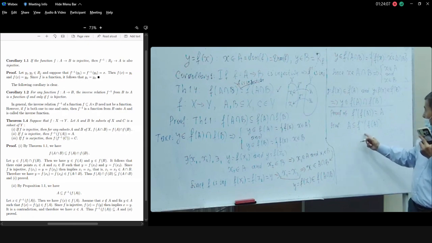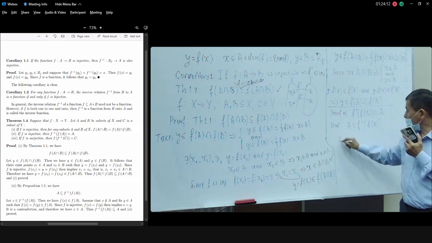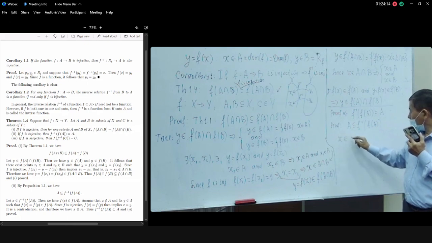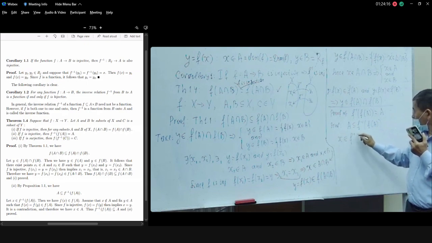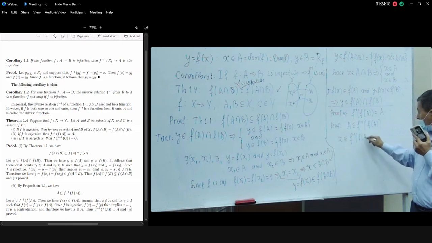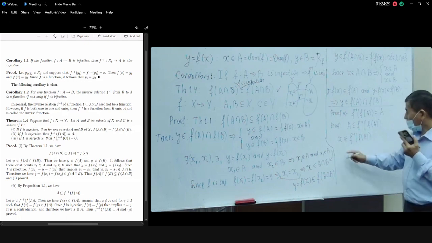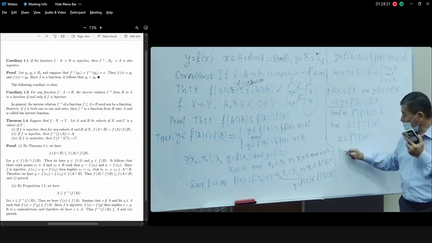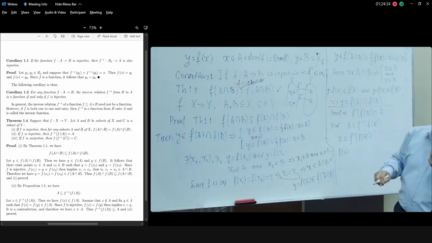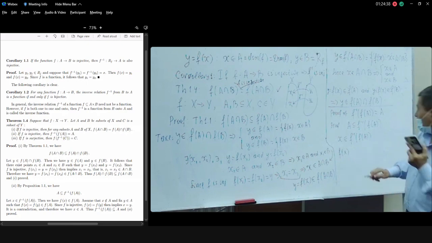What does it mean? So I will take x from here, f minus 1 of f of A. I take one element from here. So then what will happen? Then f of x belongs to f of A. I apply f to both sides. F of x becomes an element of f of A.